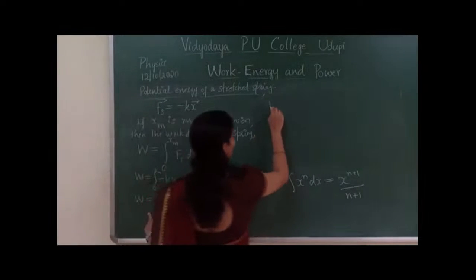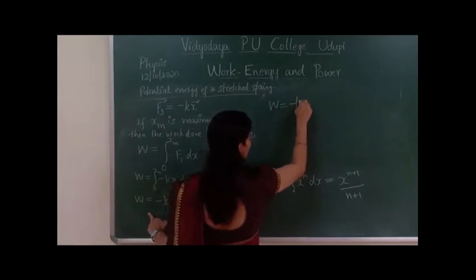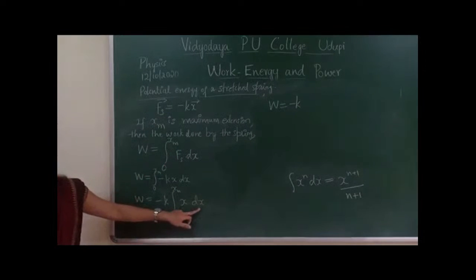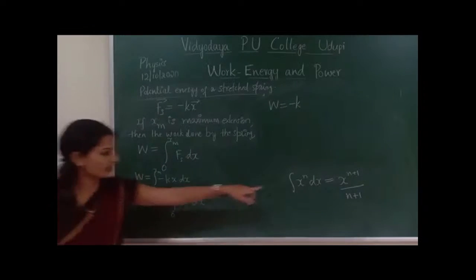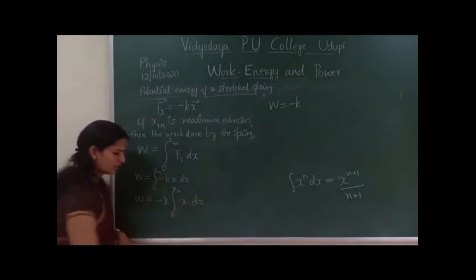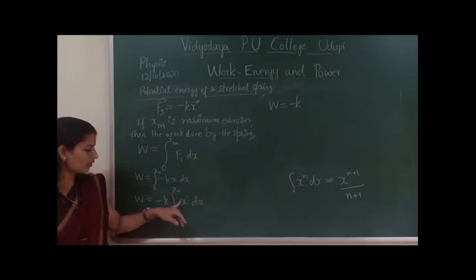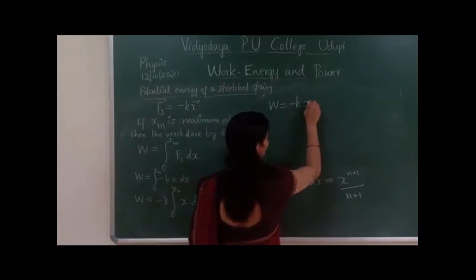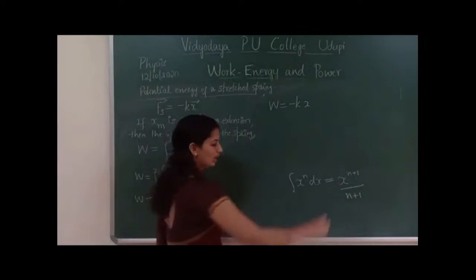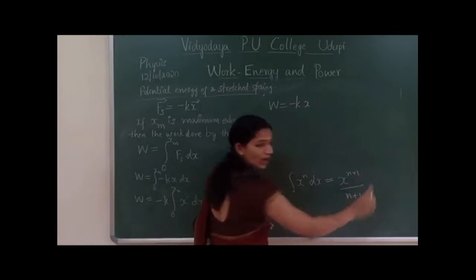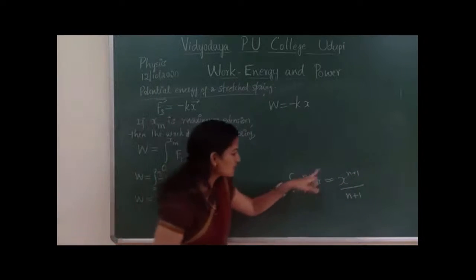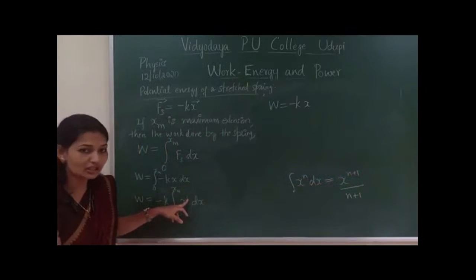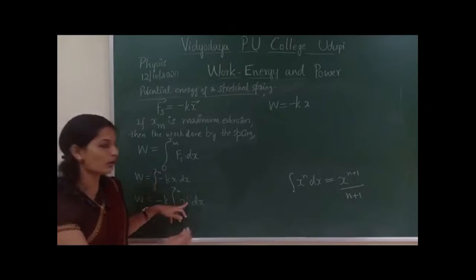now this is our expression. Work done is equal to minus k into integration of x dx. See, the power of x here is 1, no? So, according to this formula, it is n plus 1, and the value of n here is 1, so it is 1 plus 1.